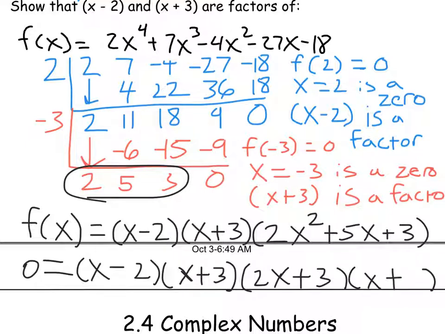Just 3 and 1, that's where they go. Okay, I could take those last two, set them equal to 0, and solve and get my last two zeros.